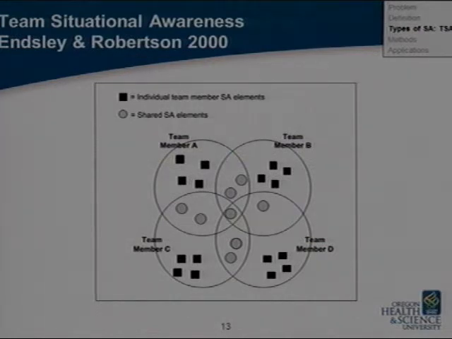The circles represent those pieces of knowledge, the little gray circles, and the black boxes represent their own distinct awareness, which is separate from their other team members. Endsley characterized team situational awareness as the entirety of this complex.